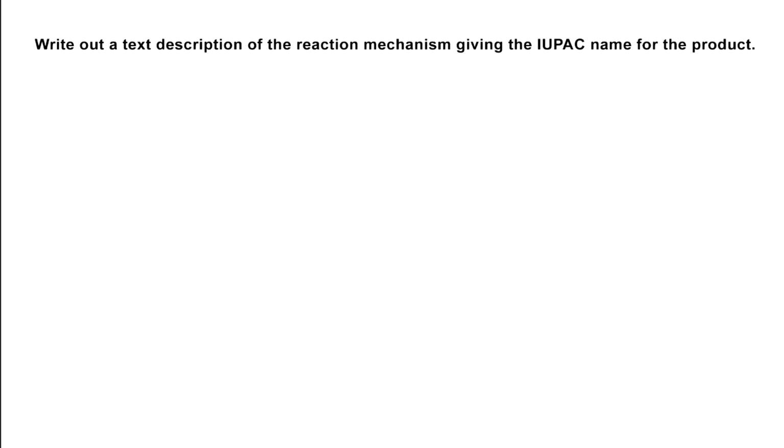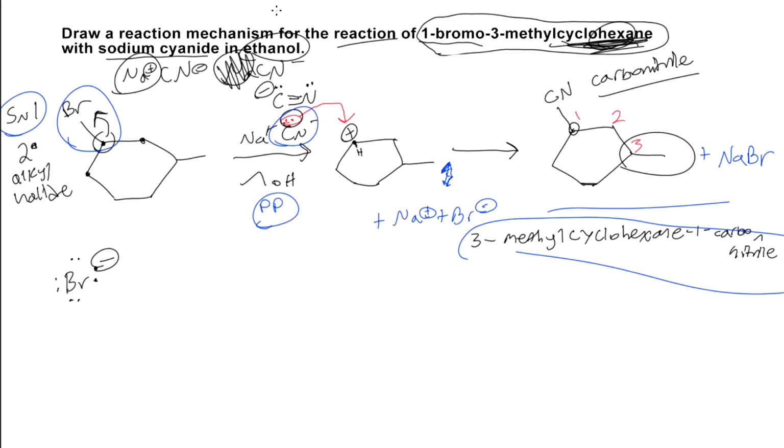So the first thing we have to keep in mind is that we have this reaction here, and this is going to be our reaction mechanism. We have this original compound that's going to be part of the mechanism. We have the sodium cyanide, which is going to be part of it, and the ethanol, which is the solvent.